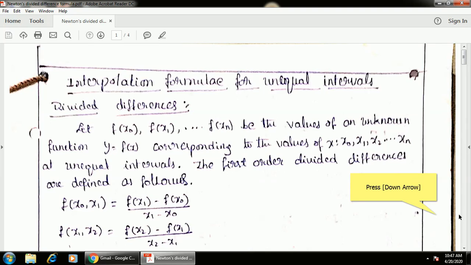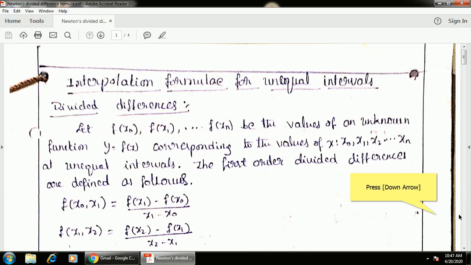The first order divided differences are defined as follows. First order divided difference of the function at x0, x1 is denoted as f of x0, x1 and it is defined as f of x1 minus f of x0 divided by x1 minus x0.